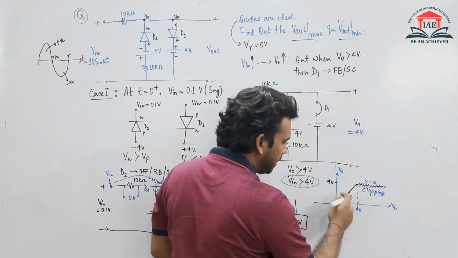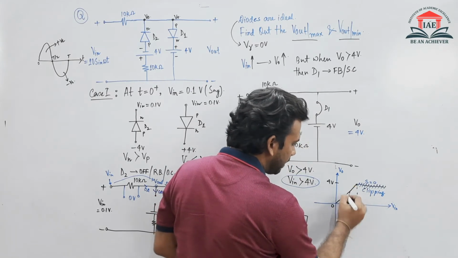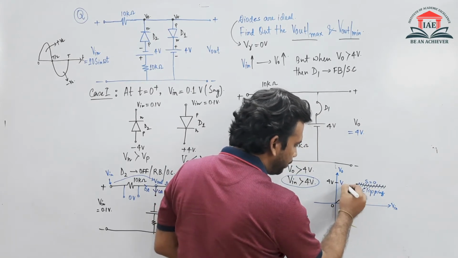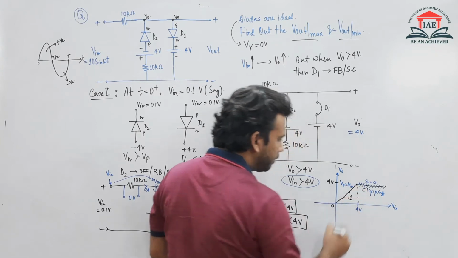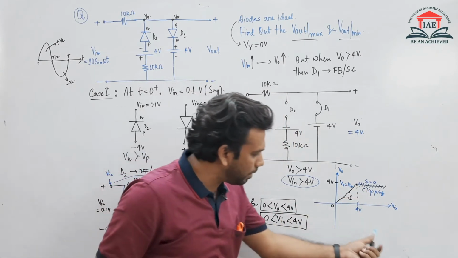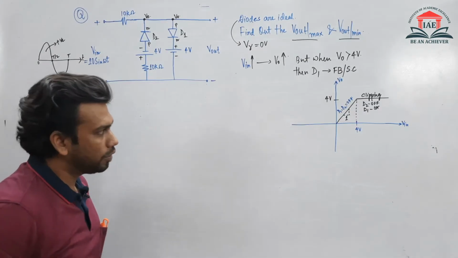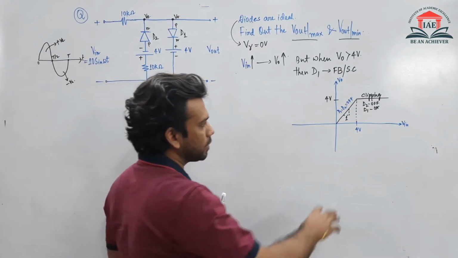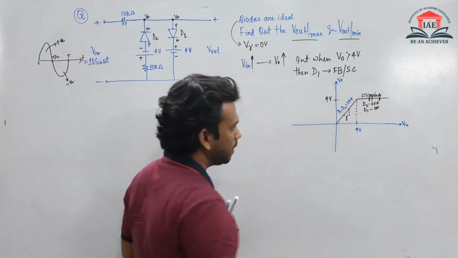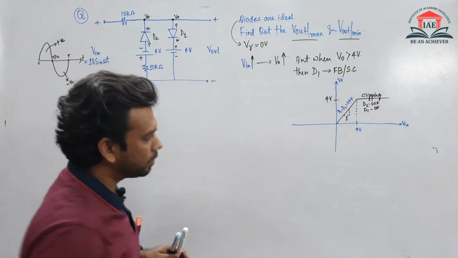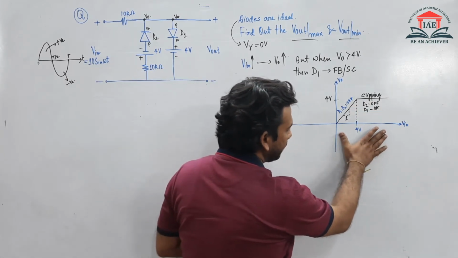But there is no clipping operation here because here the output voltage is equal to the input voltage. So the clipping operation is beyond the 4 volt for the positive half cycle. So far we have seen the transfer characteristics for the input positive half cycle.